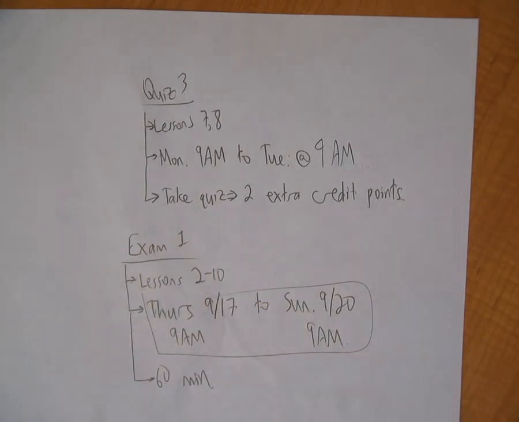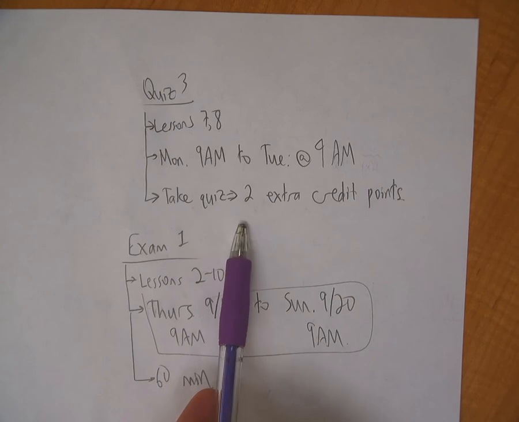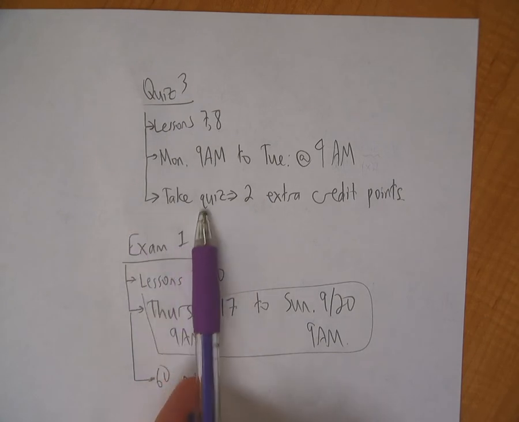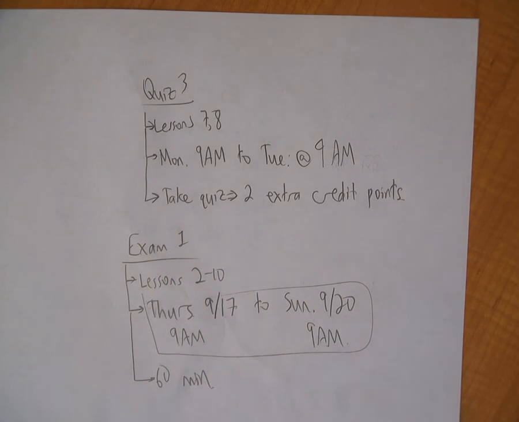That's your extra credit opportunity for this part of the course. So even if you do really well on it, even if you do really poorly, even if you don't complete it at all, as long as you at least start the quiz, then I will count that as you getting 2 extra credit points right after that. So that's a little something to look forward to.